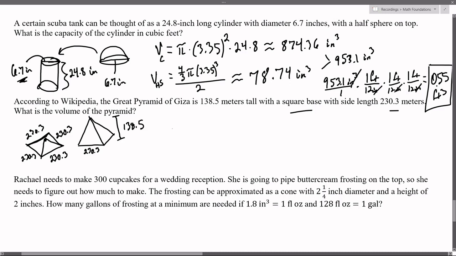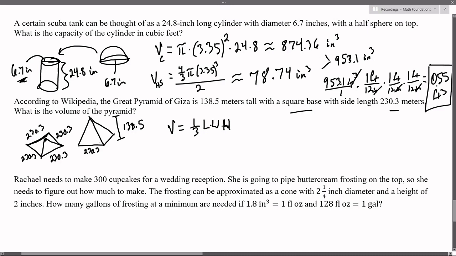The volume of a pyramid is going to be 1/3 the volume of a rectangle. The volume of a rectangle is length times width times height. The length and the width are the same measurements because it's a square pyramid.